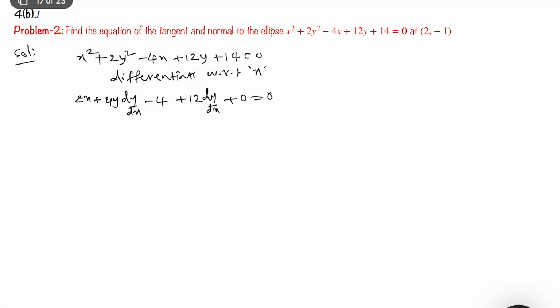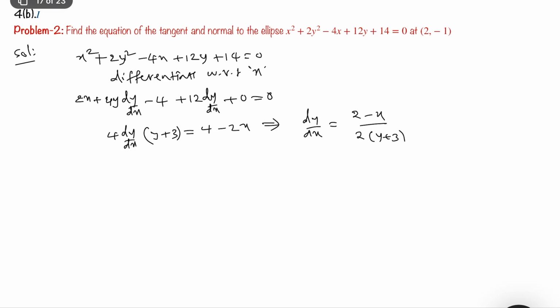So if you group the dy by dx terms, let me take 4 dy by dx common, then we have y plus 3, that equal to, if I take the minus 4 to that side and the 2x, I can write 4 minus 2x. So this we can write as dy by dx equal to 2 minus x by 2 times y plus 3.